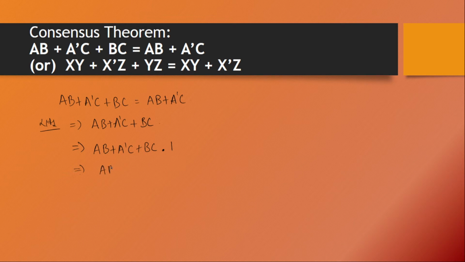So what we have as a result is AB plus A dash C plus BC dot A plus A dash. Now we bring down AB plus A dash C, plus when we multiply these two using the distributive law, that gives us ABC plus A dash BC.